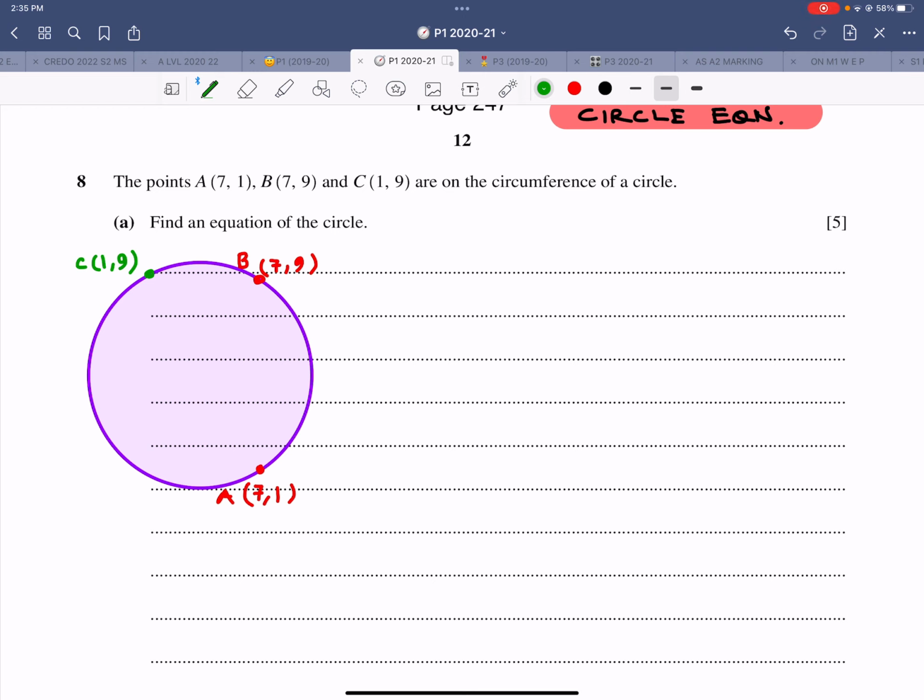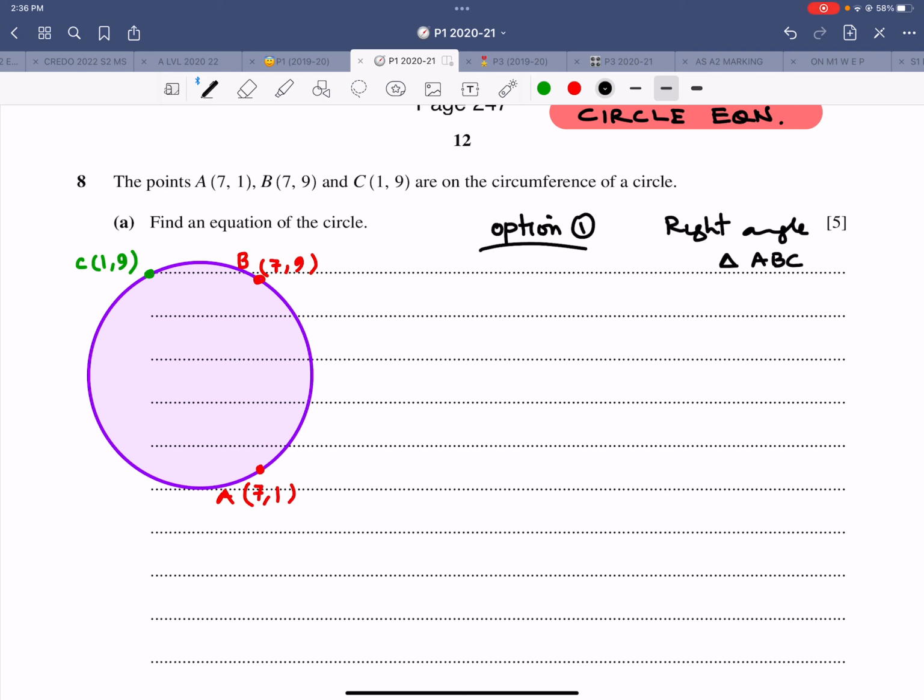Okay. Now, do we know that any one of them is the diameter? We are not sure about that. The examiner gives a full 5 marks for this. What can we do? There are 2 approaches to this question. Let me write both of them. Approach 1: prove that ABC is right angled.